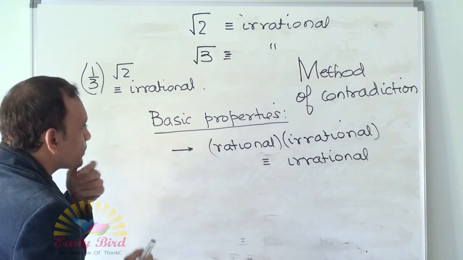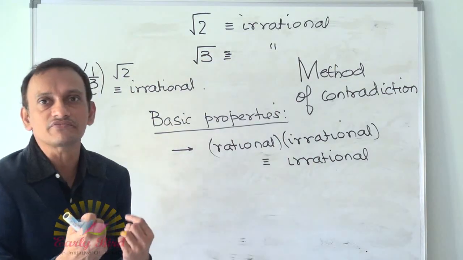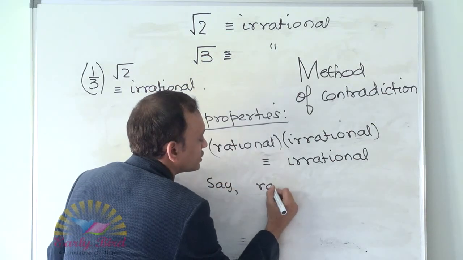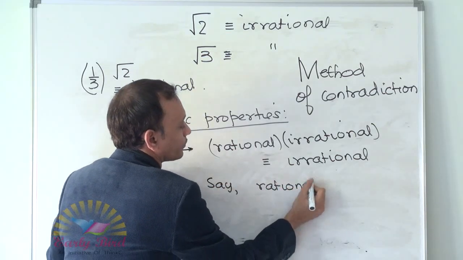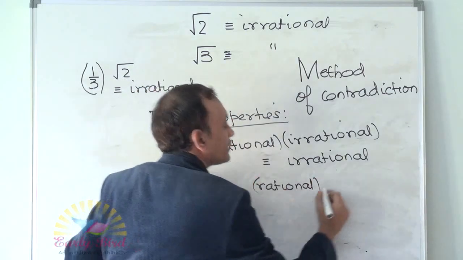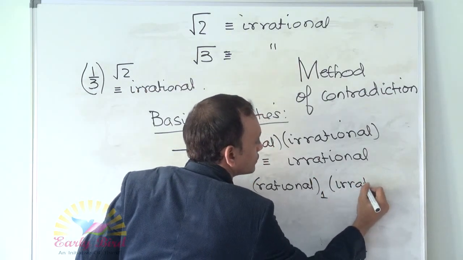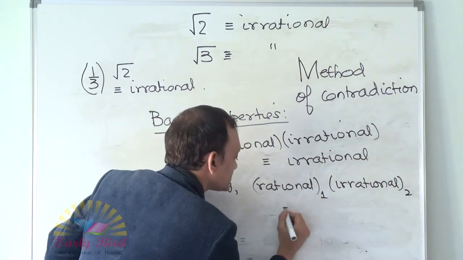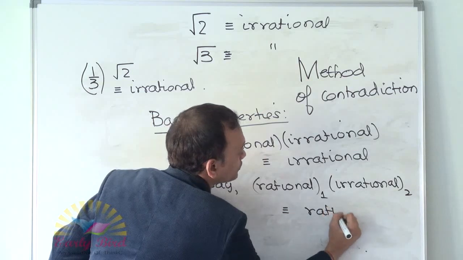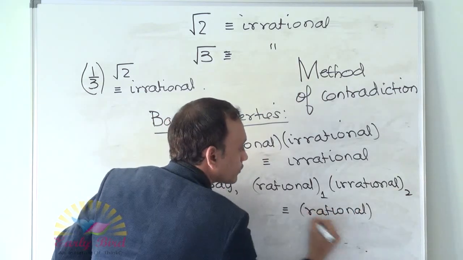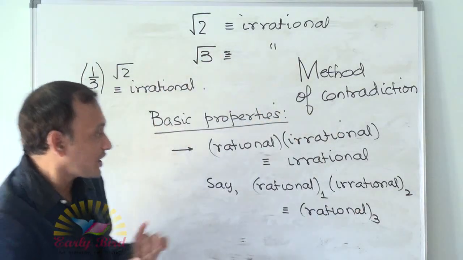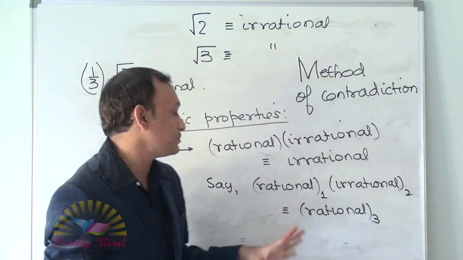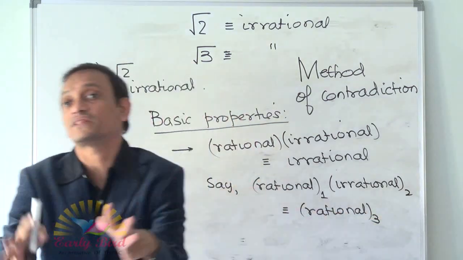Why? Because, again, using the method of contradiction, say rational number 1 into irrational number 2 is rational. Let me assume the contrary. A rational number, one number, an irrational number, the second number, let's say is a rational number, the third number.